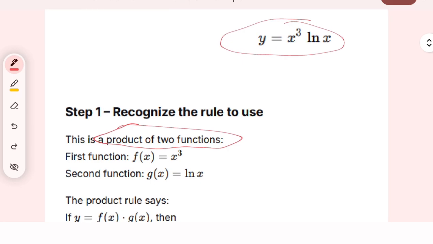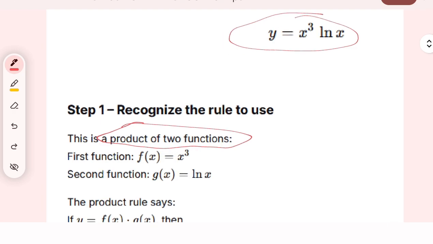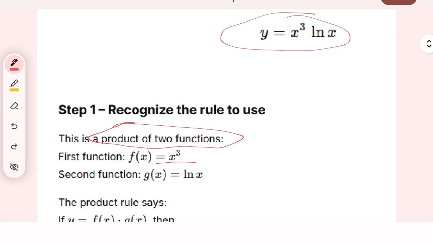We have x cubed times ln x. The first function is x cubed, and the second function is ln x. As you can see, the two functions are multiplied, so it is the product of two functions. In this case, we can apply the product rule.